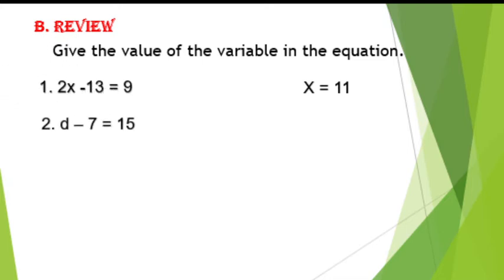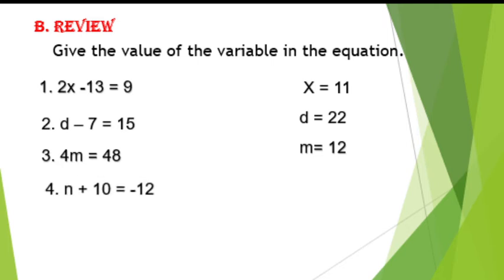D minus 7 is equals to 15. That is, D is equals to 22. 4m is equals to 48. M is equals to 12.